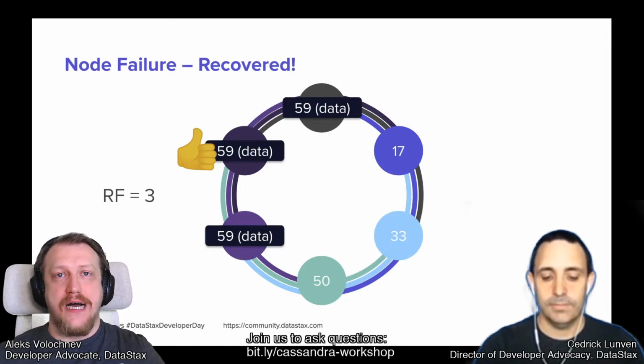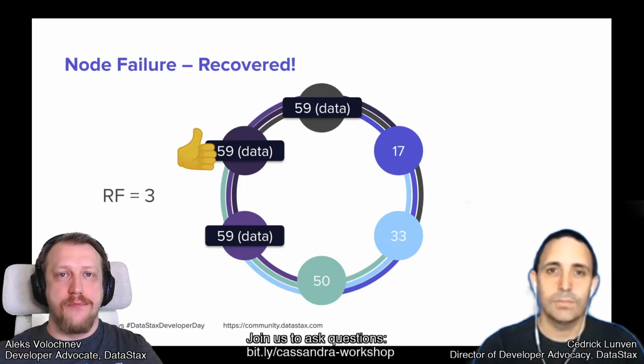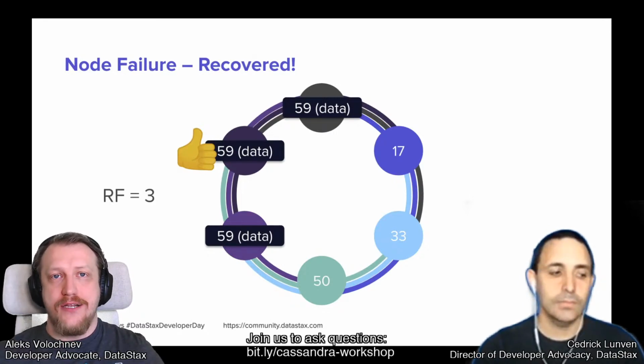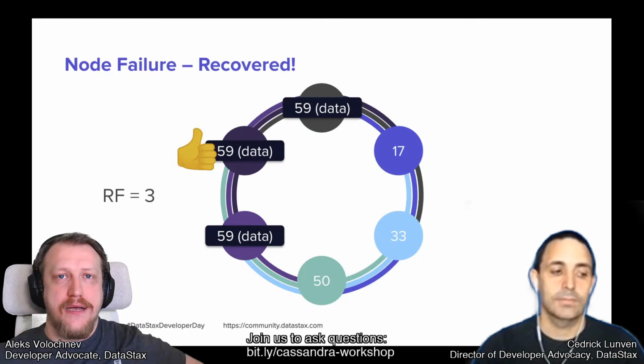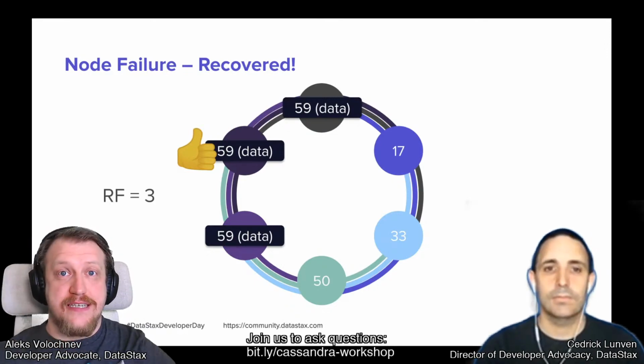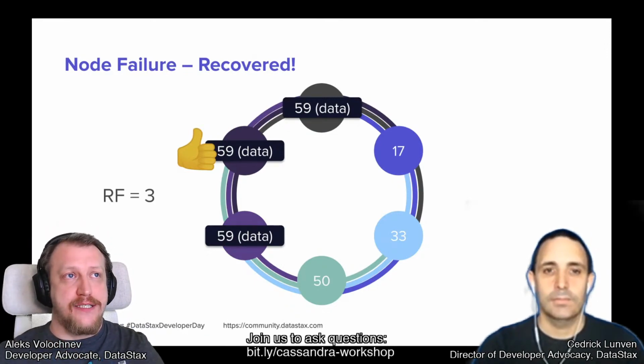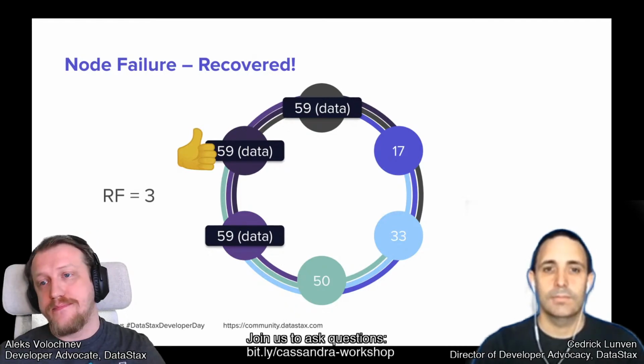If your node was down for longer than 3 hours by default, then it's easier to decommission this node and bring it back as a new one, so data will be reloaded from neighbor nodes, and the node will be active without possible issues with hinted handoffs being stored for too long.